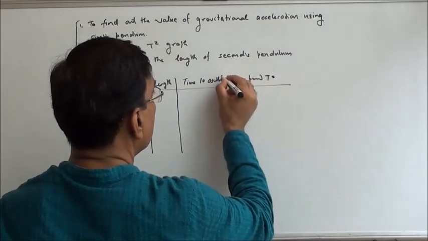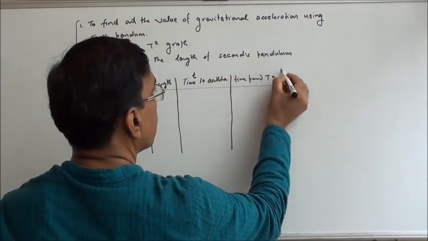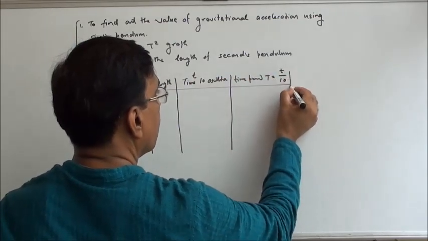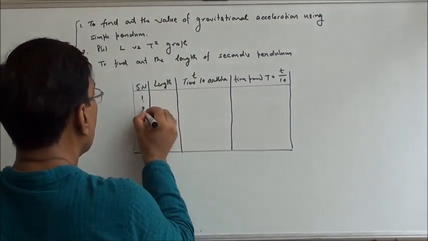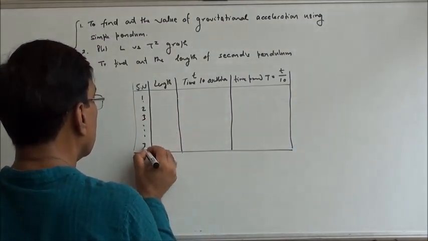So the time period will be this time divided by 10, and then 1, 2, 3, 4, 5, 6, 7.